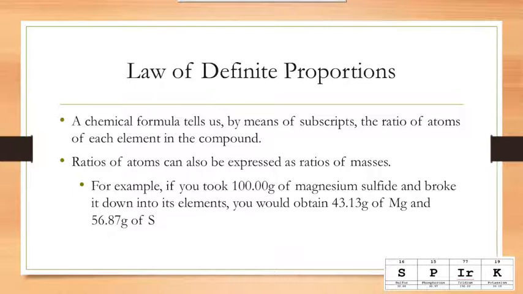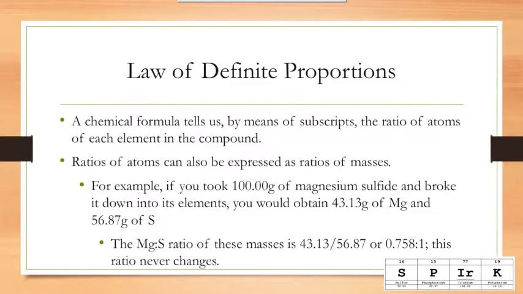Now we can figure that out just by looking at magnesium and sulfur and figuring out what percent each of those atoms takes up and multiplying it by 100, and that's how they got 43.13 and 56.87 grams. So the Mg to S ratio of these masses is 43.13 to 56.87, or 0.758 to 1.